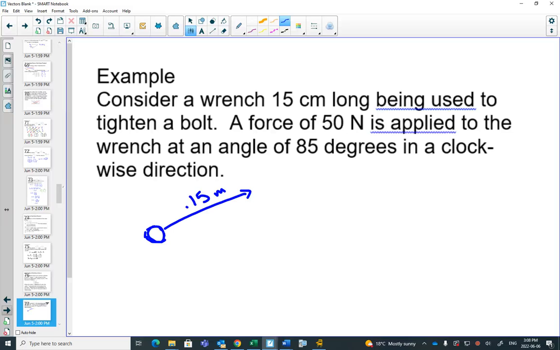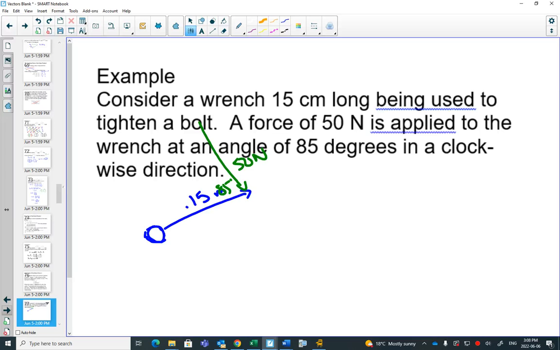Now, we are applying a force of 50 newtons to the wrench at an angle of 85 degrees, and we're doing it in the clockwise direction. So we can imagine first this vector getting pressed on here with 50 newtons, sorry, the 85 is the angle, at an angle of 85 degrees.